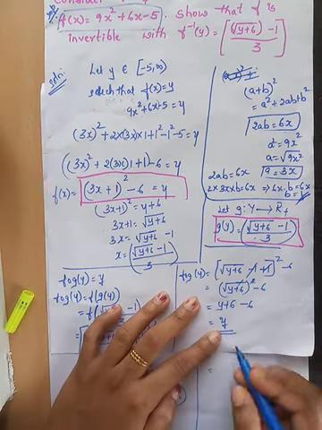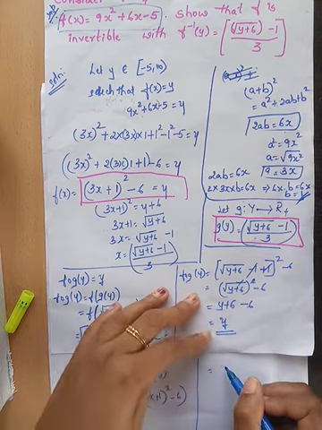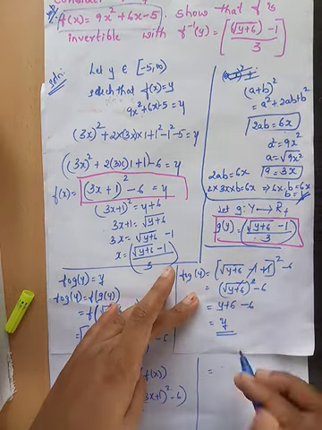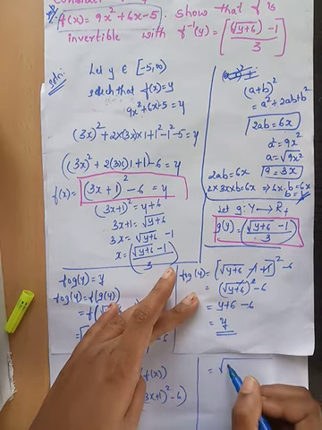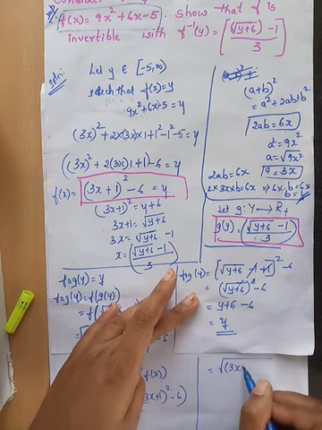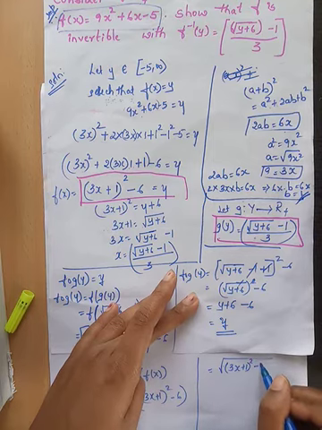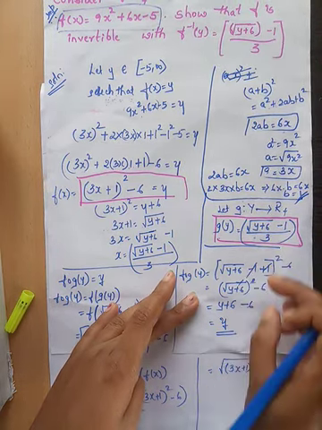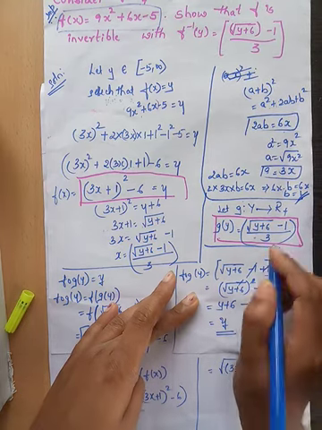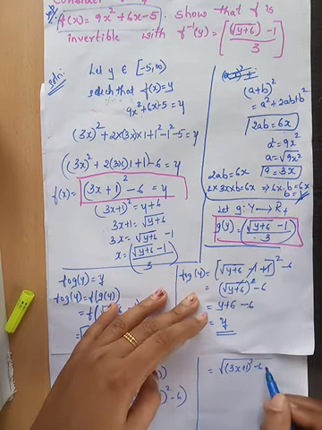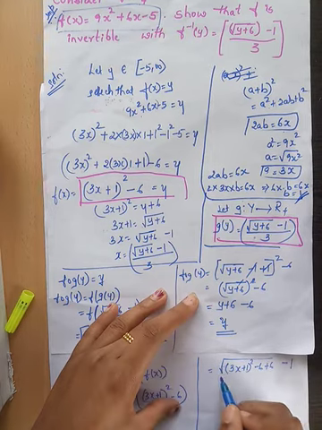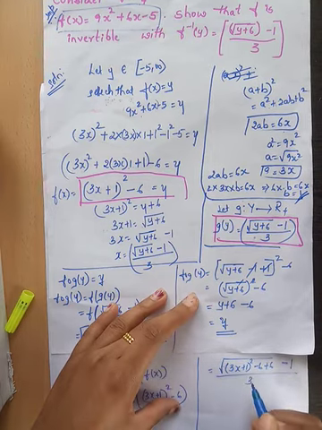So g of this particular term is the square root of, in place of y, 3x plus 1 whole square minus 6, plus 6 inside the square root, and outside the square root minus 1 divided by 3.